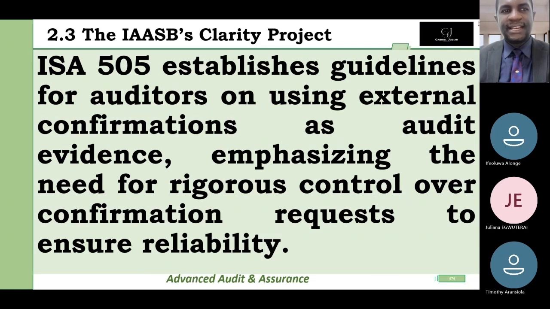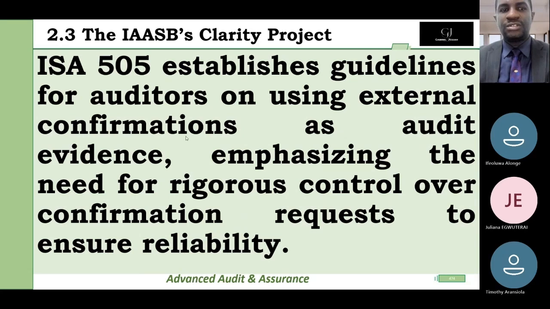This standard establishes guidelines for auditors on using external confirmations as audit evidence. So ISA 505 is on external confirmations, emphasizing the need for rigorous controls over confirmation requests to ensure reliability. So practically, we normally have confirmations of maybe bank accounts, domiciliary accounts, account balances from companies that are external to the audited entity.